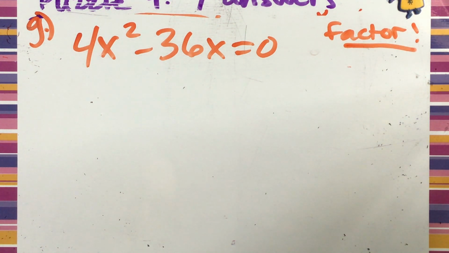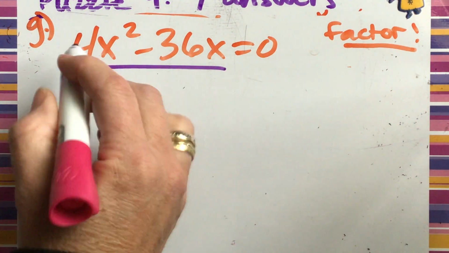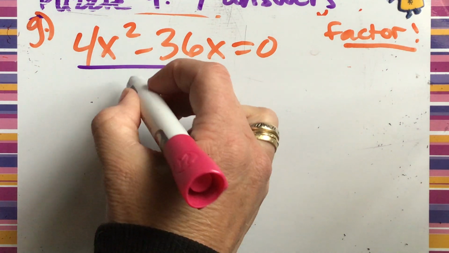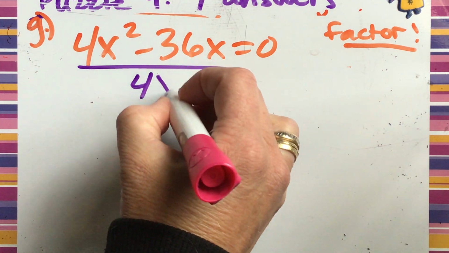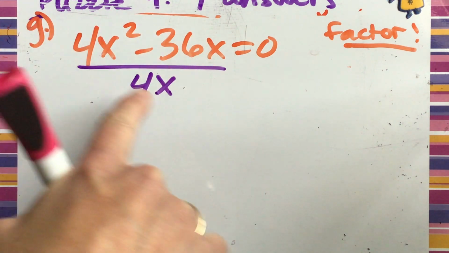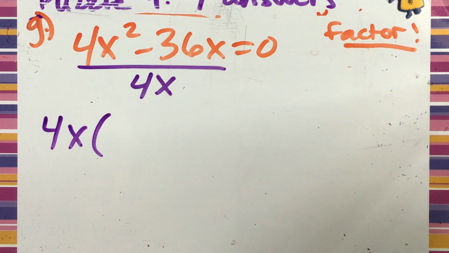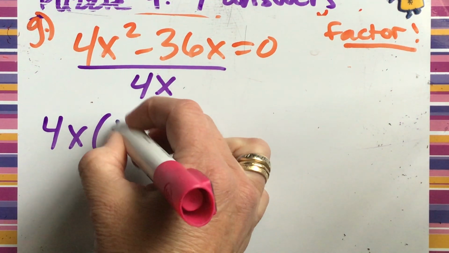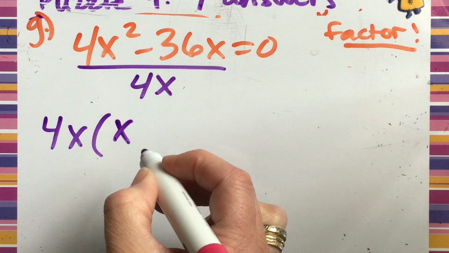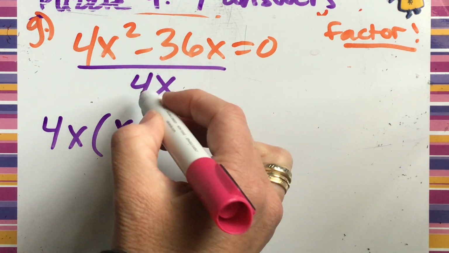So when we factor something, well, let's find the greatest common factor, which is going to be 4 goes into both terms, and so does x. So take that, put it aside, and then what's going to be left over? Well, I'm going to have an x left over there, and 36 divided by 4 is 9.